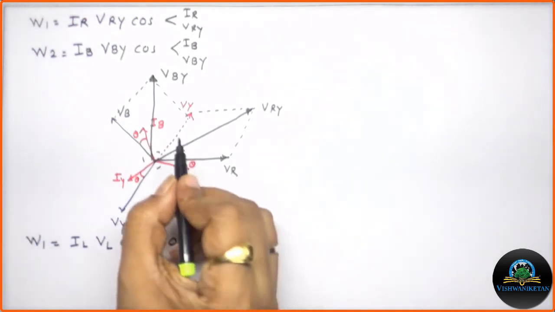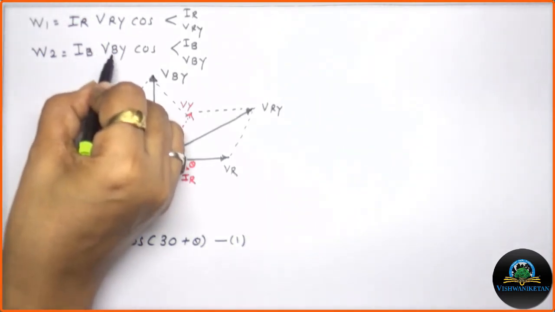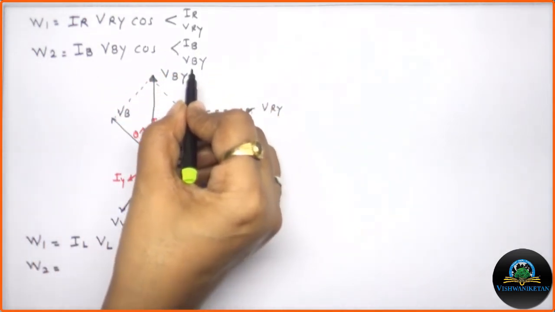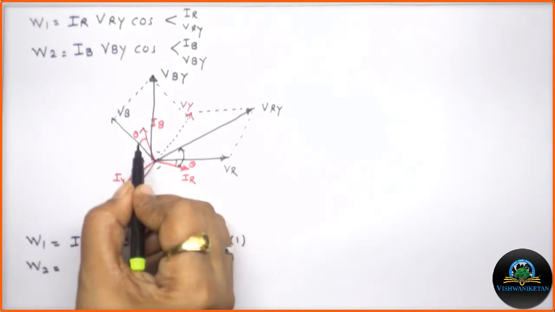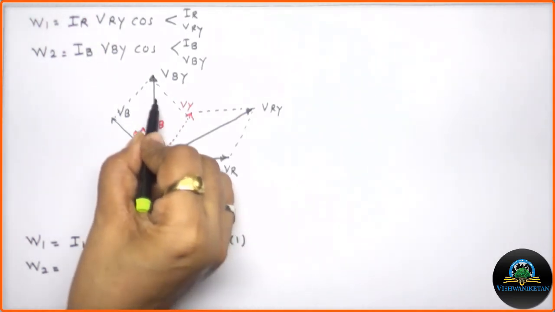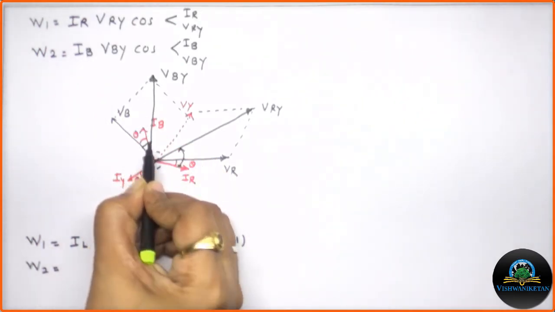Now coming back to my diagram again, I want to find out the value of W2. Now W2 is IB, VBY and the cosine of the angle between IB and VBY. So again I am going back to my diagram. I have VB over here and I have VBY over here. What will be the exact angle between these two?